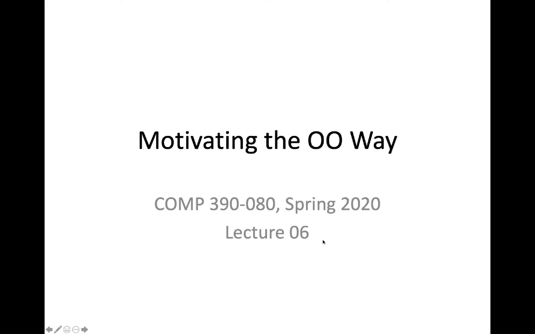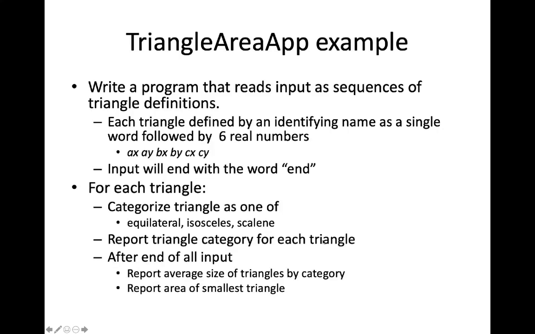So what we're going to do today is talk about why we need data structures, why we need to be able to take multiple pieces of data and glue them into a new piece of data that we can reason about as a whole. In an object-oriented programming language like Java, this is also called an object. You can think of data structures as objects because objects are data structures.